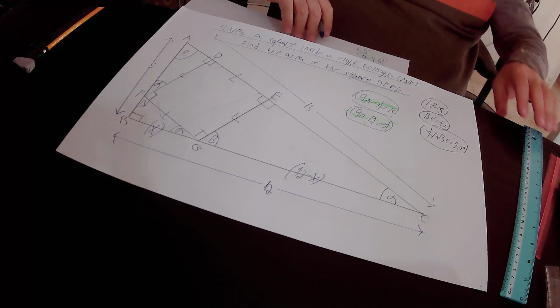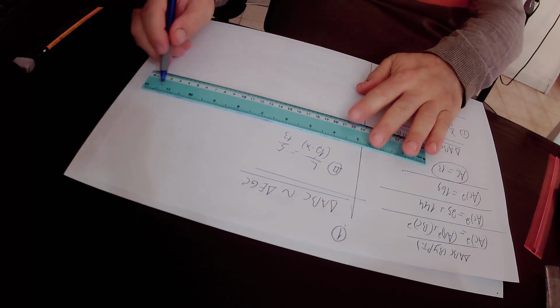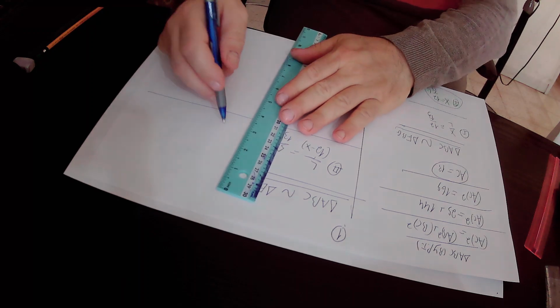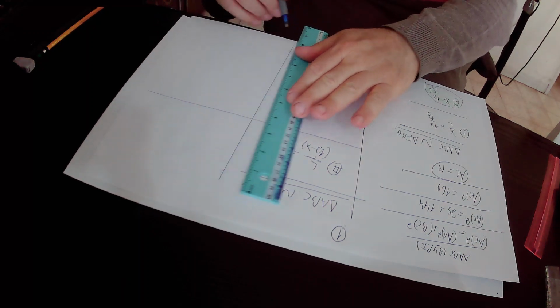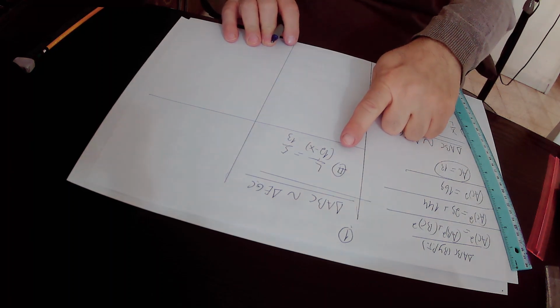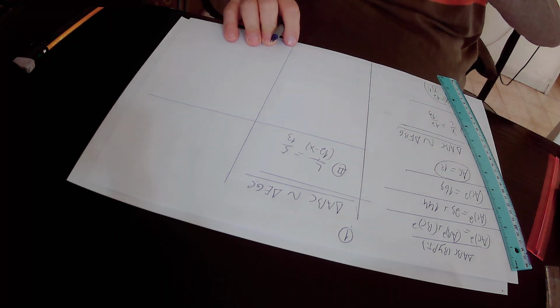So in conclusion, because the right big triangle ABC is similar to the right triangle EGC, L over 12 minus x equals 5 over 13.